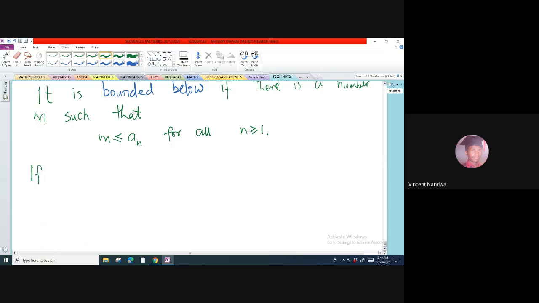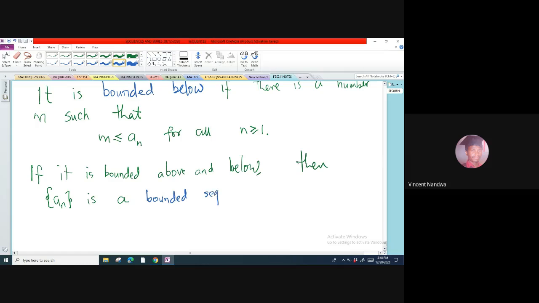And then next statement: if it is bounded above and below, then an is a bounded sequence. So those are the definitions.